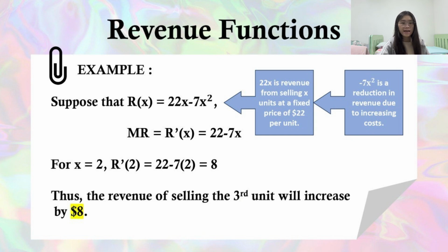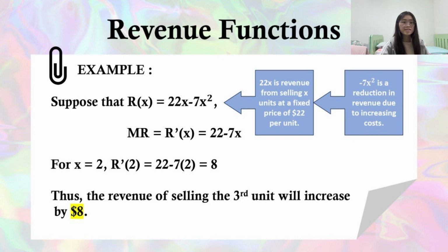We suppose that the revenue function is equal to 22x minus 7x squared, where 22x is revenue from selling x units at a fixed price of $22 per unit, while negative 7x squared is a reduction in revenue due to increasing costs.